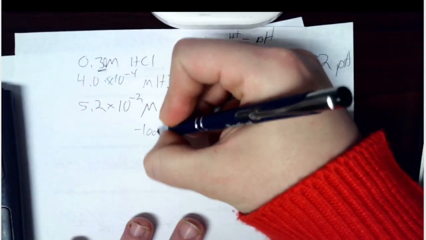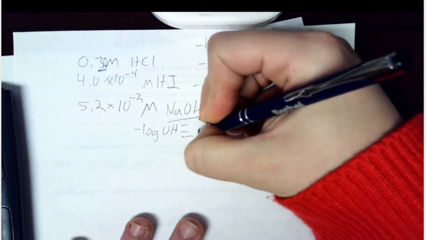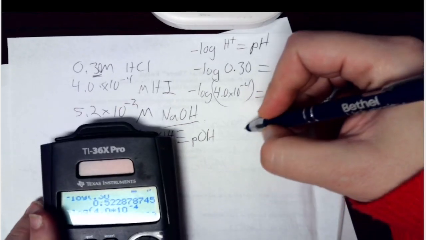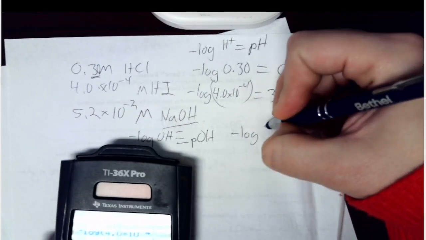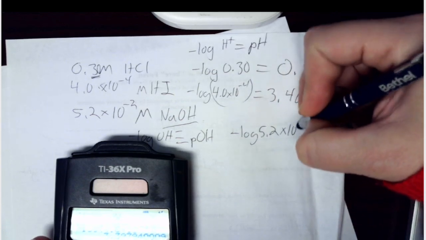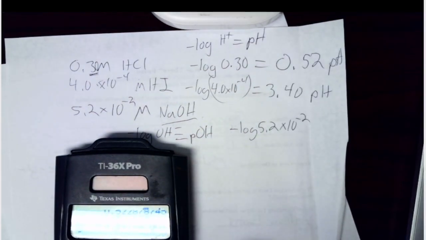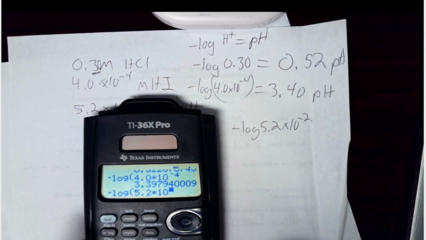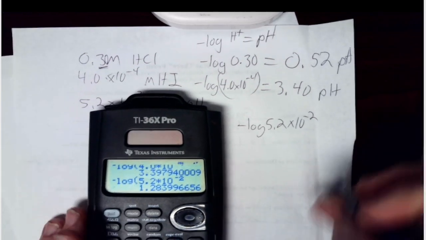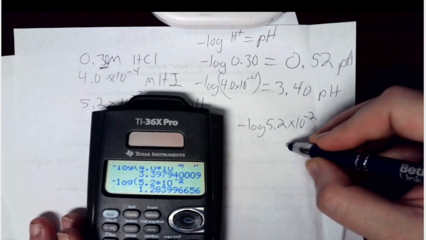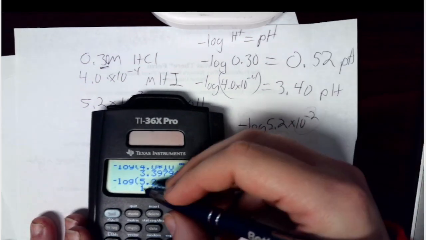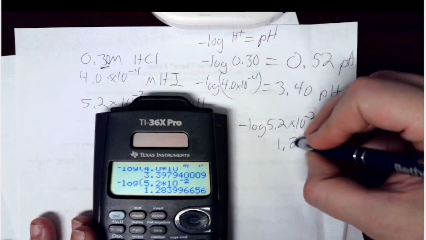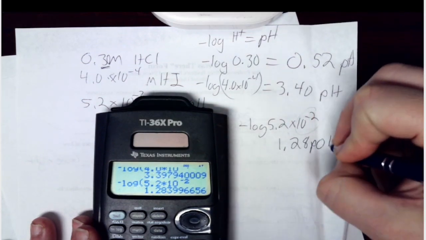Now, this one is a base. So the negative log of an [OH-] is going to give me a pOH. Easiest thing I can do is just take the negative log of that. So negative log of 5.2 times 10 to the negative second. The negative 2 puts us between 1 and 2. The 5.2 tells me I round at 1.28 pOH.